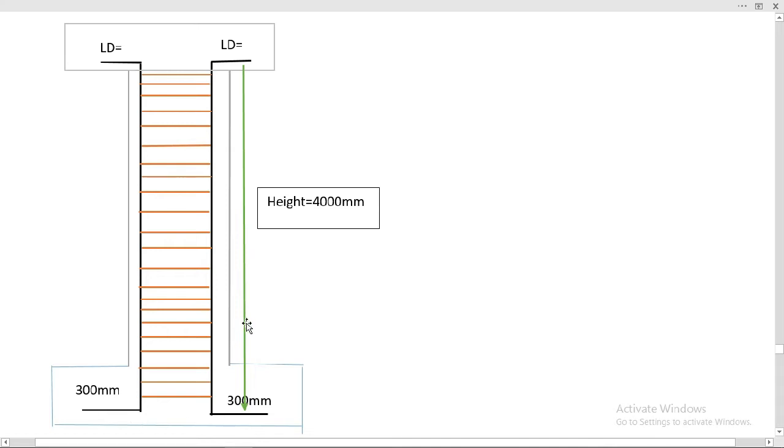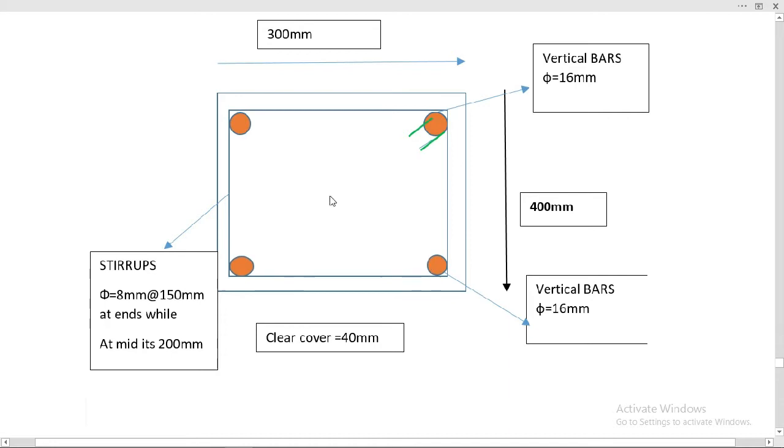So we see the section view. In the section view you can see we have 4 vertical bars of 16 millimeter dia, and in the cross section you can see 300 millimeter and 400 millimeter of the column, and the vertical bars are of dia 16 millimeter.